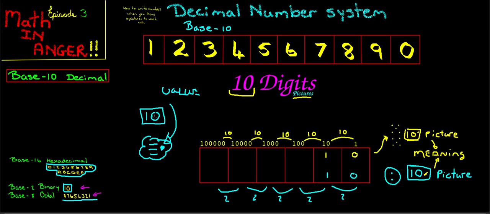And the picture you draw corresponds to the system, the way in which we write numbers, with a specific count of how many pictures you have. And again, the fact that the decimal number system has 10 pictures, that is incredibly important. You will see why as we progress through the videos.